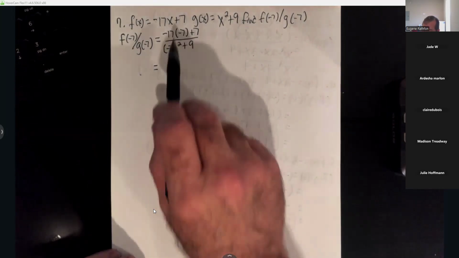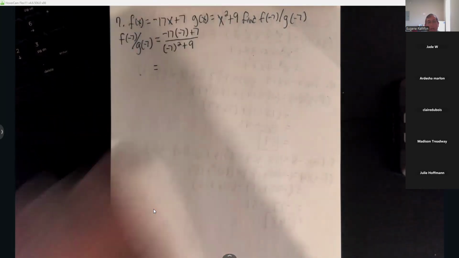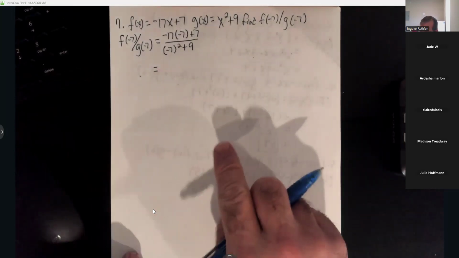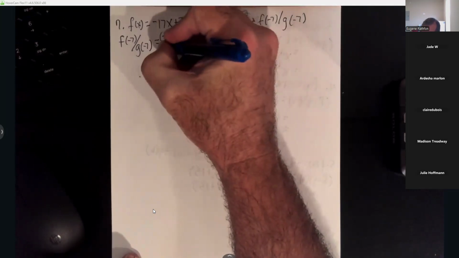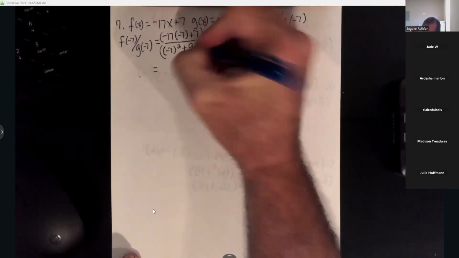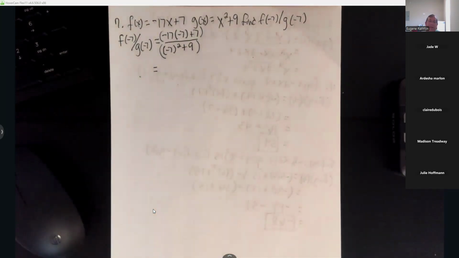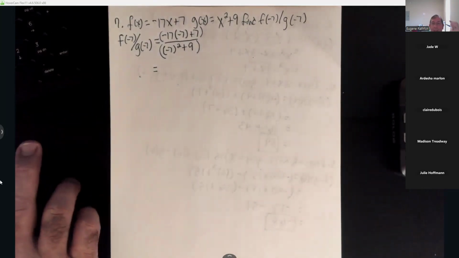All right, y'all. So you work the top like it was in parentheses, and you work the bottom like it's in parentheses. If you were to do this problem in your calculator, you would have to put parentheses around the top and the bottom, unless you use the fraction bar.